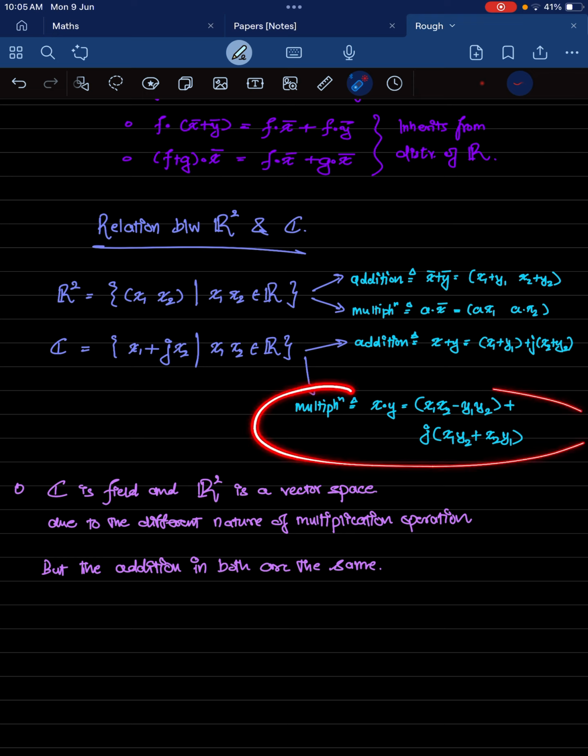So the complex multiplication is actually a much more general form of scalar multiplication. So you get scalar multiplication when you restrict one of the operands in complex multiplication to be a real number.